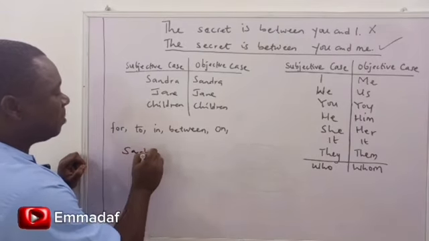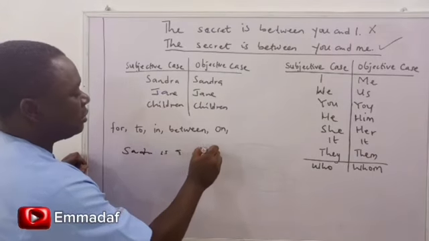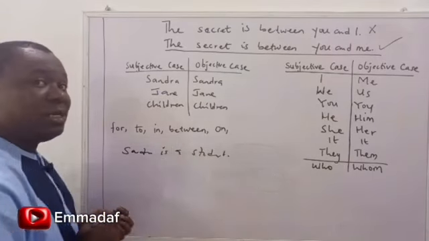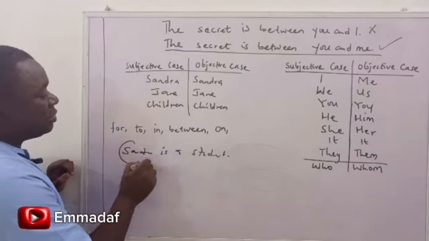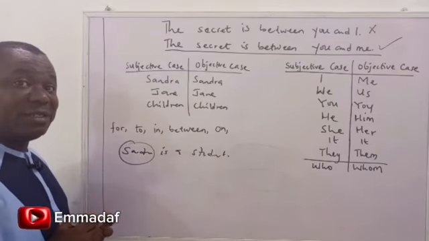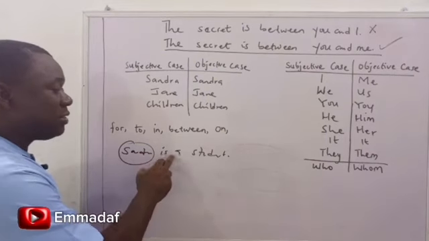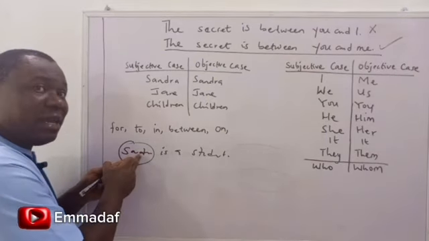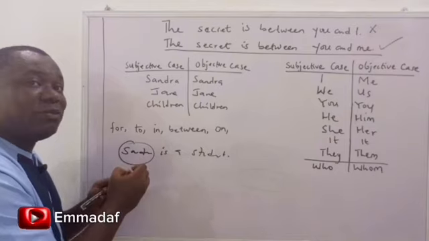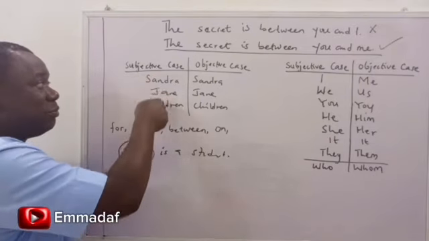Sandra is a student. In this sentence, Sandra is the subject of the sentence. It is the word Sandra. Sandra is a student. Sandra here is functioning as the subject of the sentence. So it is in the subjective case.